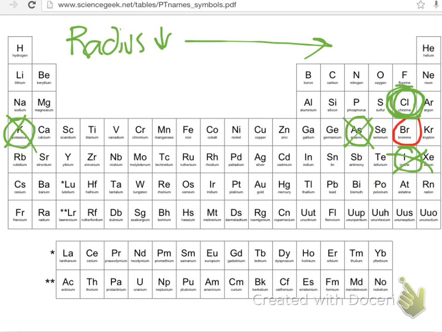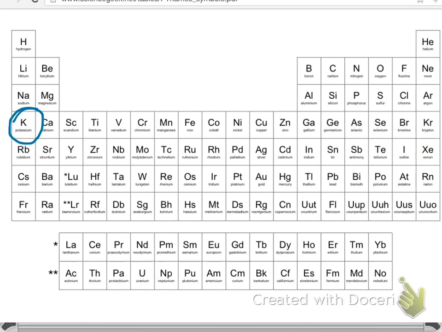So then for the next question we had, I'll use other colors here. I'll go with blue. We want to know which of the following you would predict to have a larger radius than potassium. We're given cesium and lithium, so comparing within the group, and we're given zinc and krypton. That's where I got my krypton from. So we're looking at larger radius, and we know that radius increases as we go down a group.